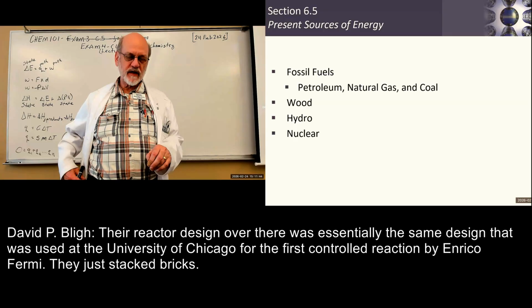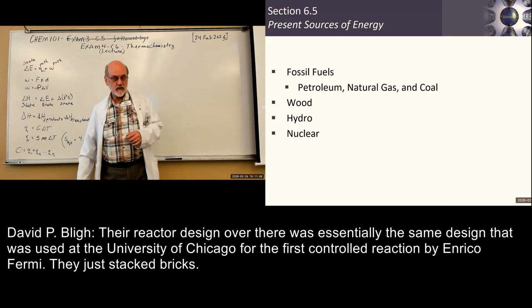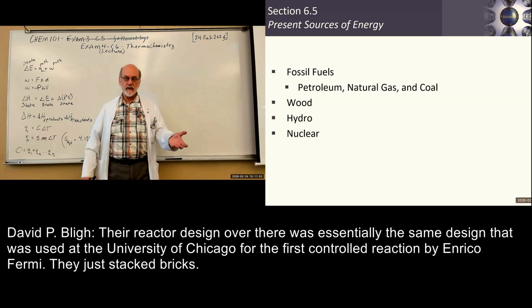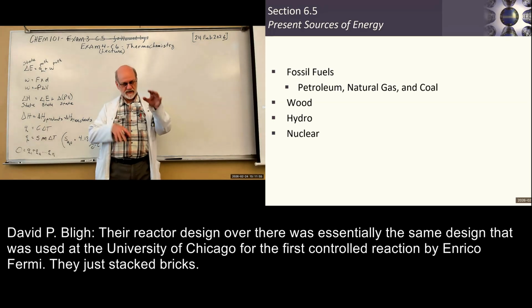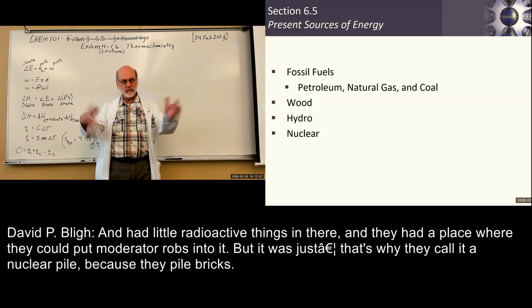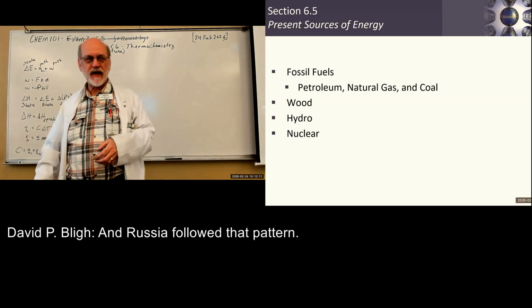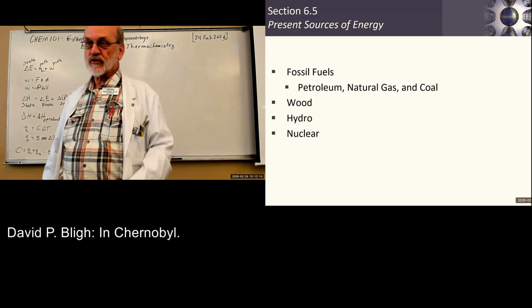Their reactor design over there was essentially the same design that was used at the University of Chicago for the first controlled reaction by Enrico Fermi. They just stacked bricks and had little radioactive things in there, and they had a place where they could put moderator rods into it. That's why they call it a nuclear pile, because they pile bricks. And Russia followed that pattern in Chernobyl.